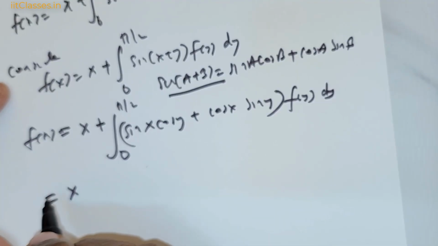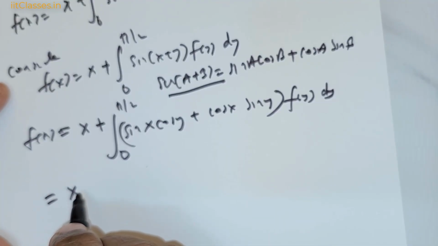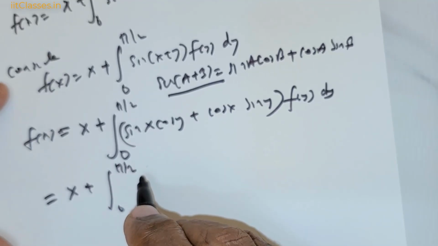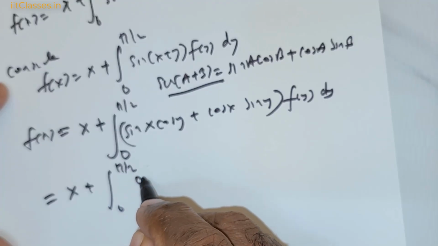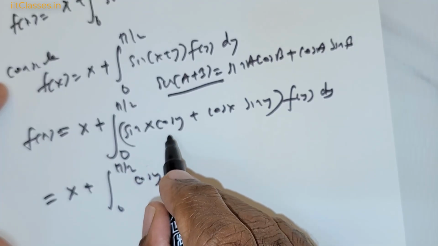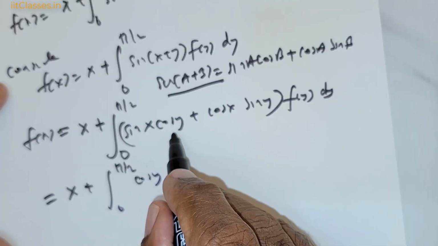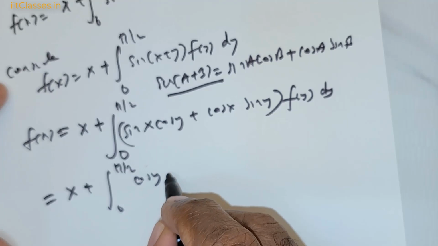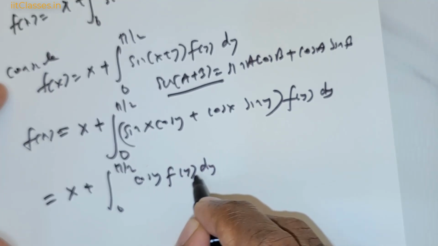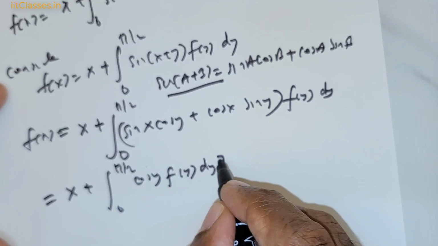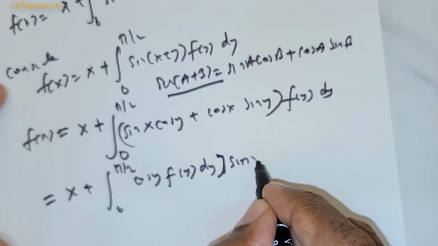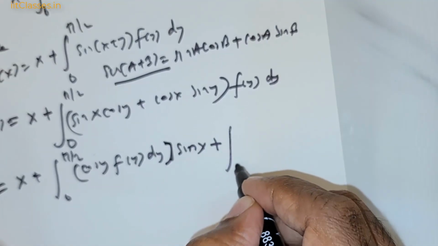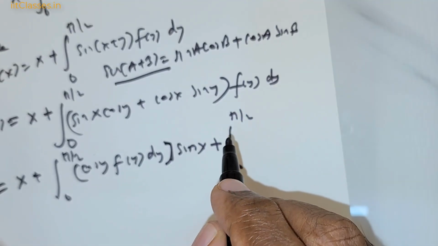Now this can be further rewritten as x plus the integral from 0 to pi over 2. First you have cos y, and to cos y you multiply f of y dy, and then outside you place sin x, followed by plus the integral from 0 to pi over 2.